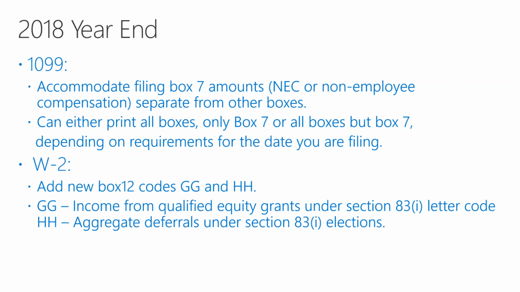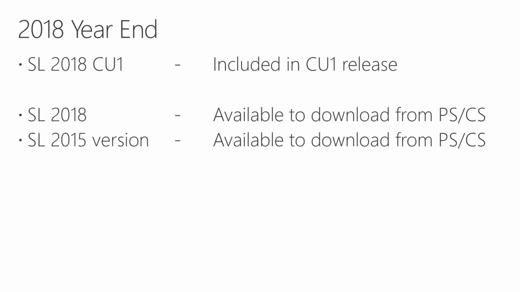Adding the W-2s, adding the box GGs, and box 12 codes GG and HH are available to you now. And this brings me to an important point because I've got many questions on this. If you're on SL 2018 CU1, the year-end updates are included in the release. If you're on 2018 or 2015, the year-end updates are available to you now, so you can go out to customer source or partner source or contact SIS to get that.